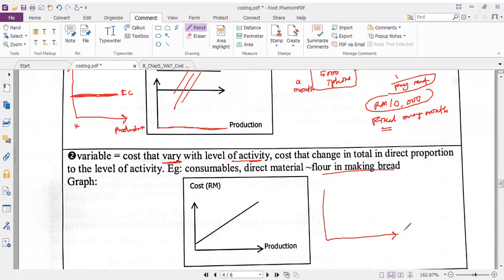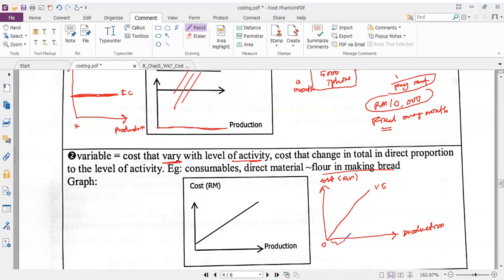So the graph looks like this. Dia bermula start from the zero. Then straight. So this is your variable cost. Nampak dia start from zero.